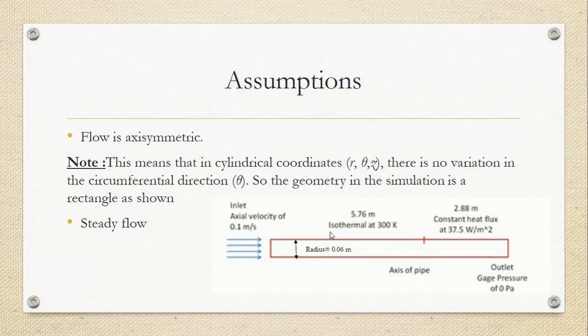As you see in the figure, the first 5.76 meter length is at 300 Kelvin and the other 2.88 meter length is at a constant heat flux of 37.5 watt per meter square. The inlet velocity is 0.1 meter per second and the radius of the pipe is 0.06 meter, and this one is the axis of the pipe. Because the problem is axisymmetric, we draw only a rectangle.